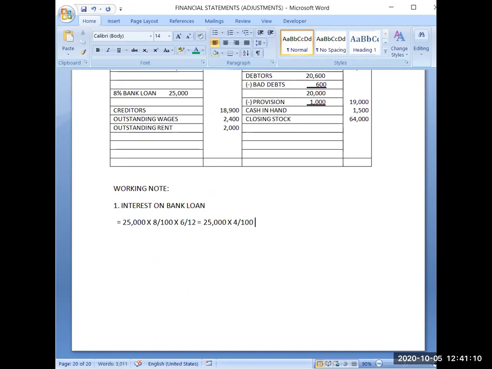If you divide 100 by 4, it will become 25. So it will remain 25,000 divided by 25. That way your interest will be 1,000. It means you have to adjust 1,000 rupees interest.